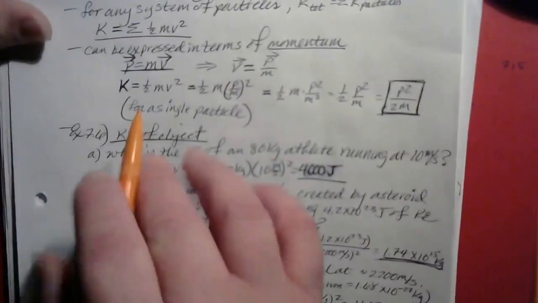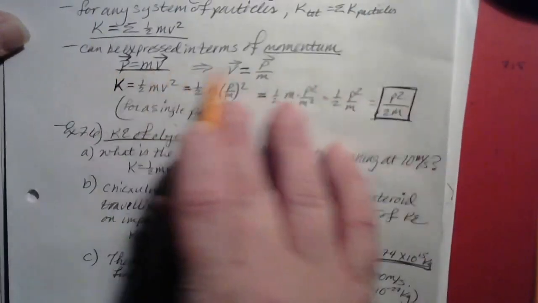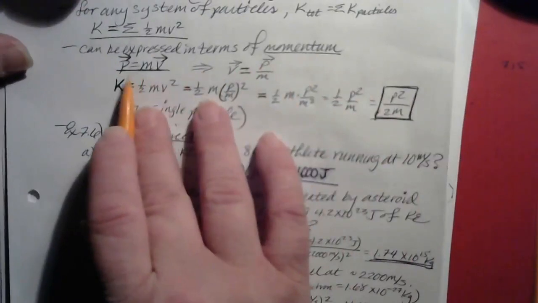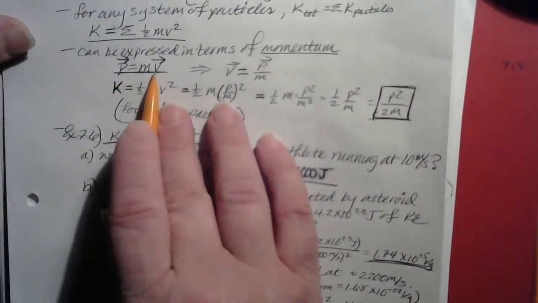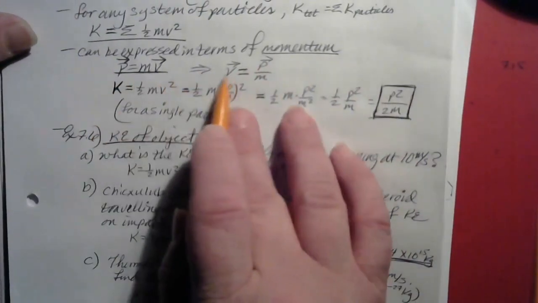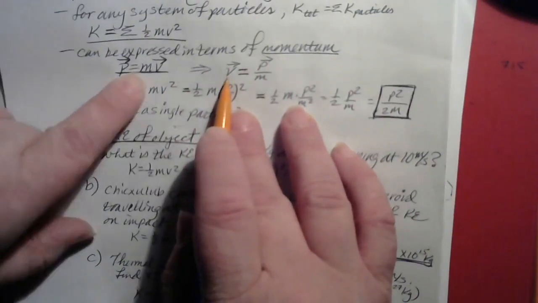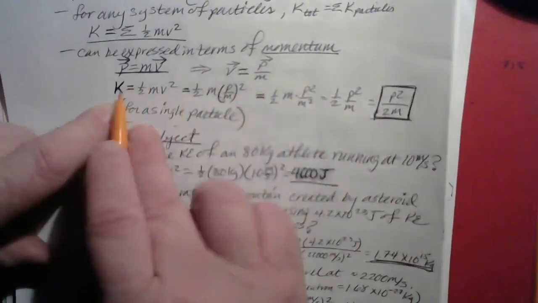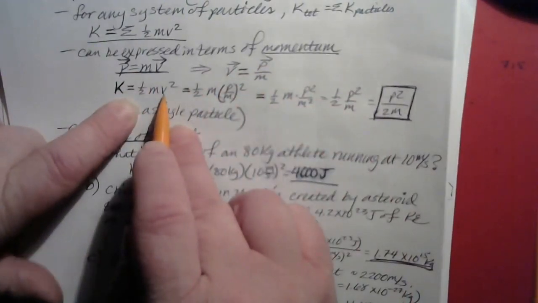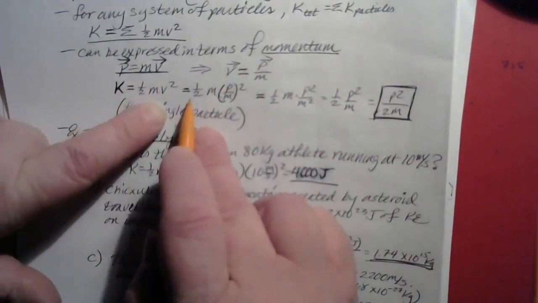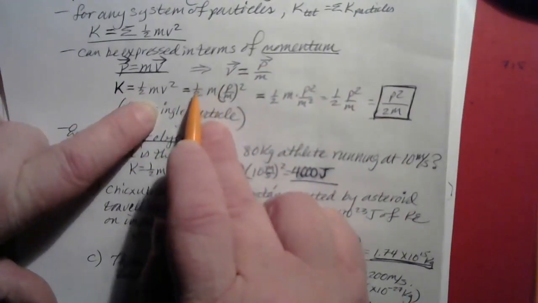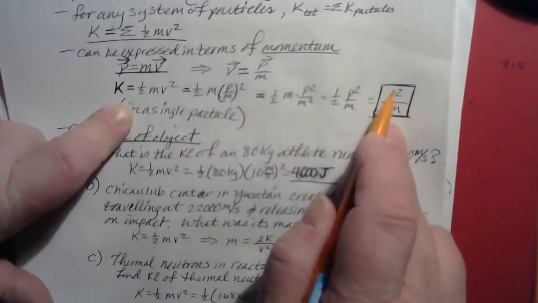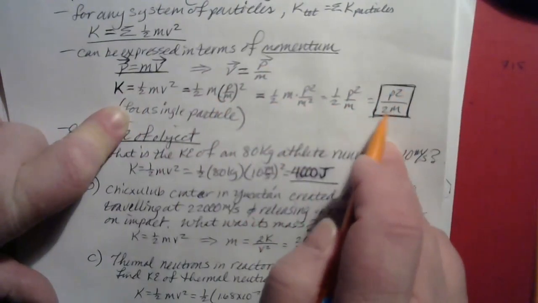So they are related to each other, and there's no reason we can't express the kinetic energy in terms of momentum. Momentum, again, is mass times velocity. Solving for velocity, velocity is momentum divided by mass. So you can just insert that into the equation for kinetic energy, and you end up with kinetic energy is momentum squared over 2m.